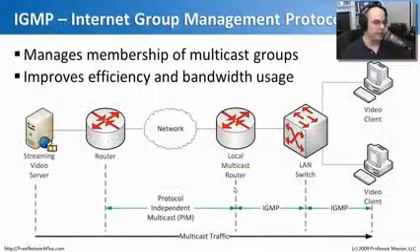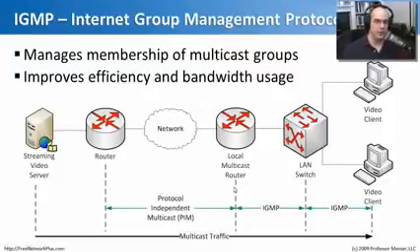Here's a more interesting and in many ways a more advanced internet protocol called IGMP, the Internet Group Management Protocol. This particular protocol is really specialized because it is used for something called multicast. And multicast is a methodology of communicating across the network that improves efficiency and bandwidth, especially with types of data that need to be viewed by many people simultaneously.